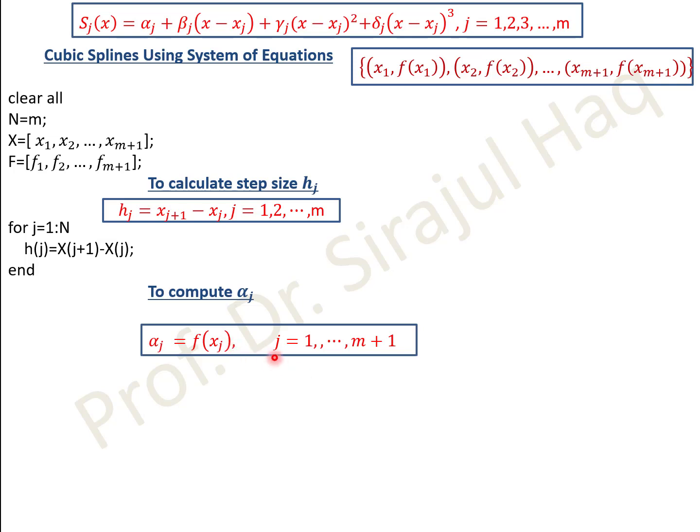You can see the loop will start from 1 and reach up to m plus 1. If you remember, I told you that we need gamma 1, gamma 2, gamma 3, gamma m, and alpha 1, alpha 2, alpha 3, alpha m. But in the last two lectures, we also need alpha m plus 1.